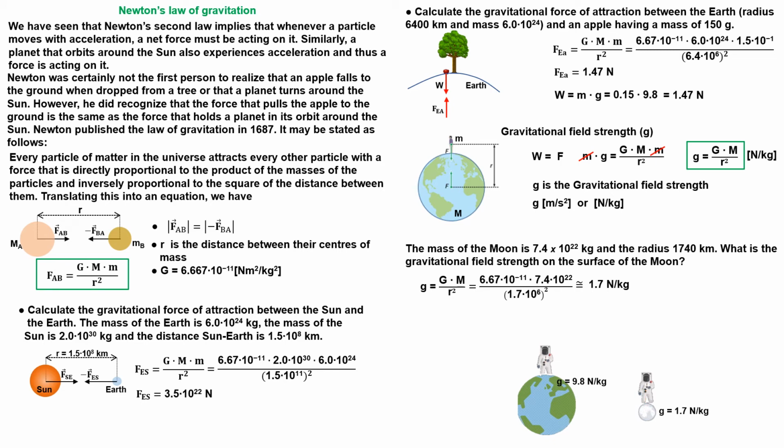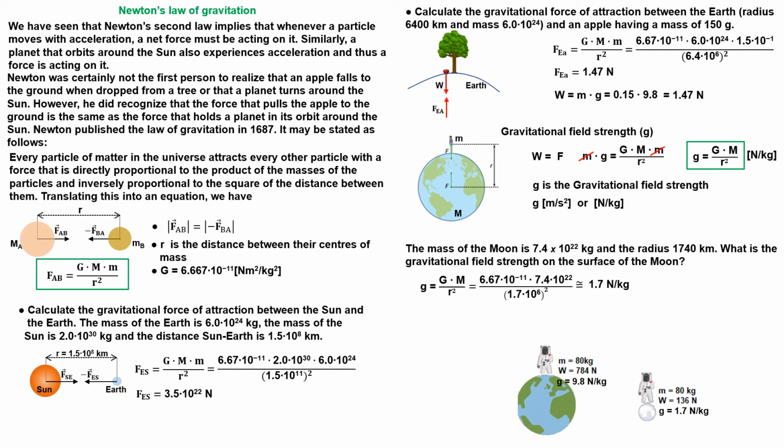We feel forces like these as weights. My mass is 80 kilograms, and if we multiply by gravitational field strength 9.8 newtons per kilogram, my weight is 784 newtons. Now, if I go to the Moon, my mass will be the same, 80 kilograms.